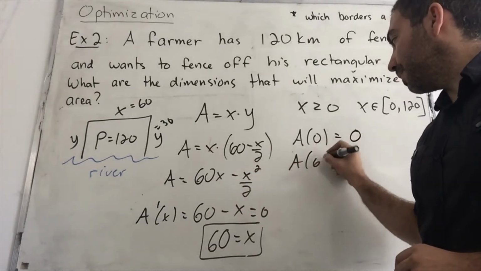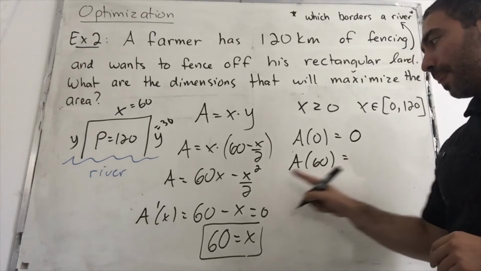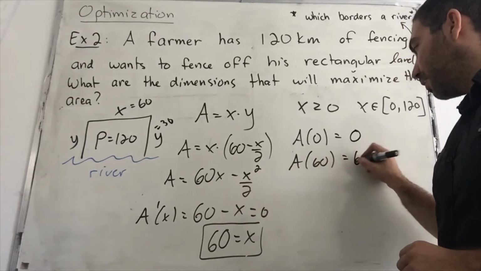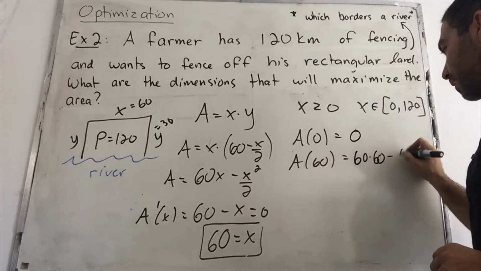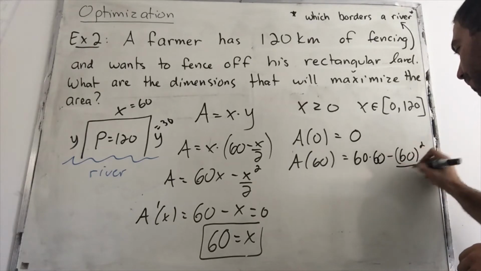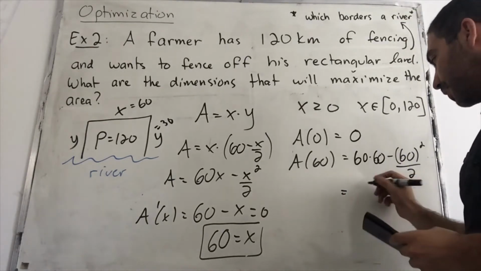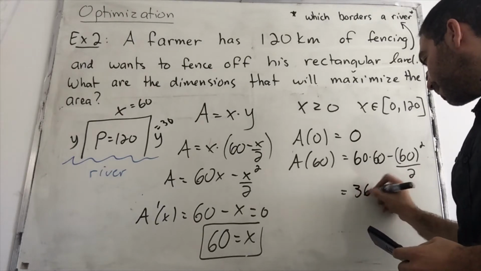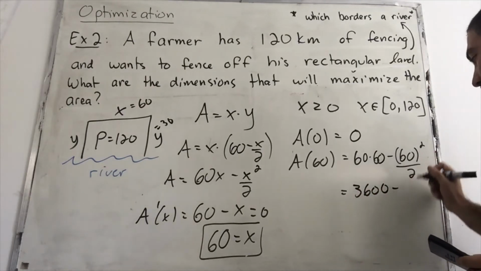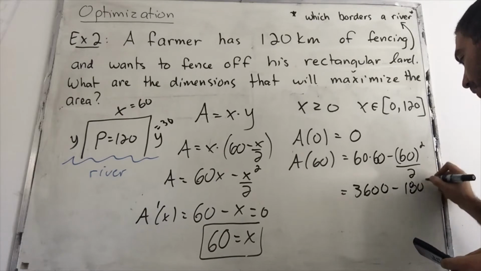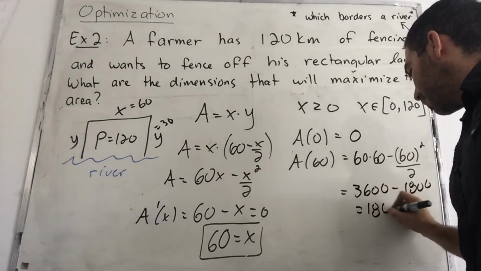A of 60, the critical point, gives us 60 times 60 minus 60 squared divided by 2. This gives us 60 times 60, 3,600, minus 60 squared divided by 2, 1,800. So this gives us 1,800.